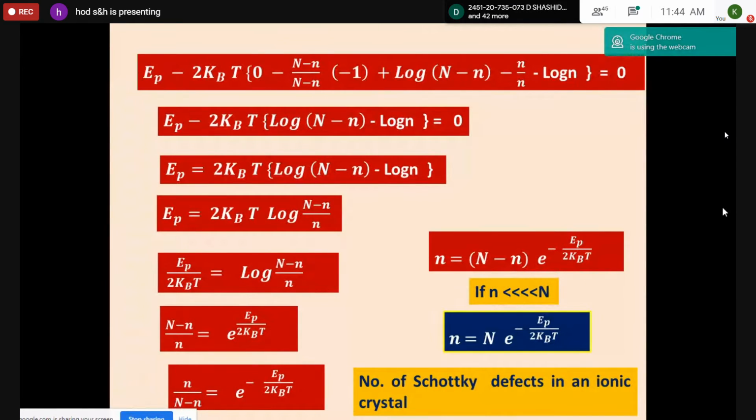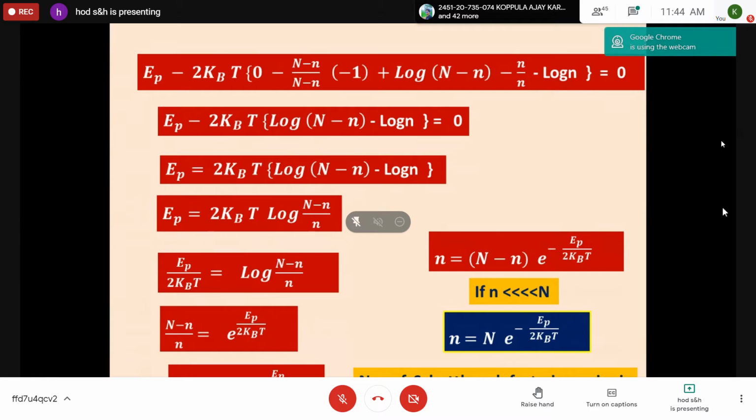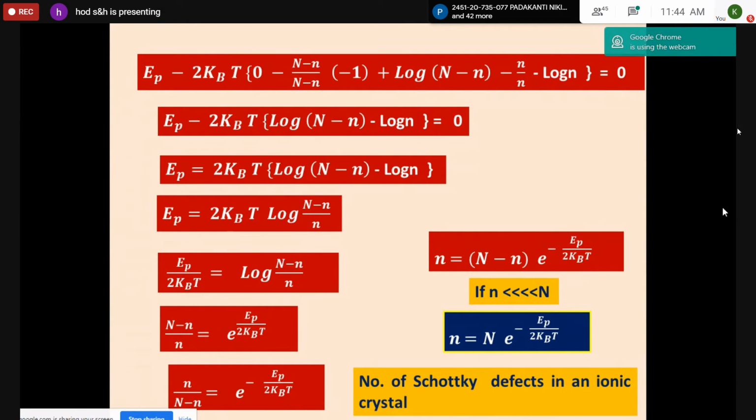I think I need not explain this differentiation, isn't it? Then again, Ep minus 2kBT into, here minus 1 plus 1 gets cancelled, log (N minus n) minus log n is equal to 0.